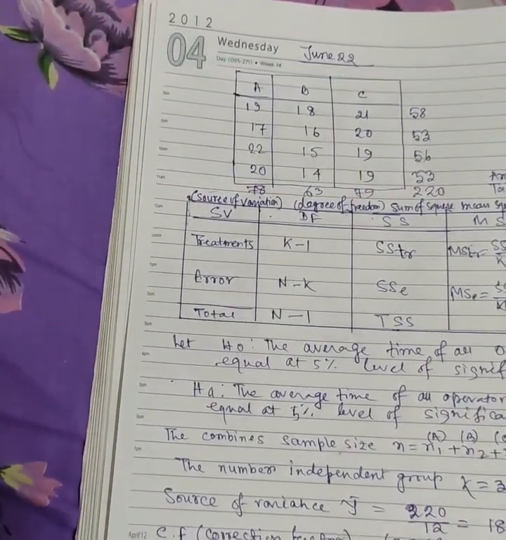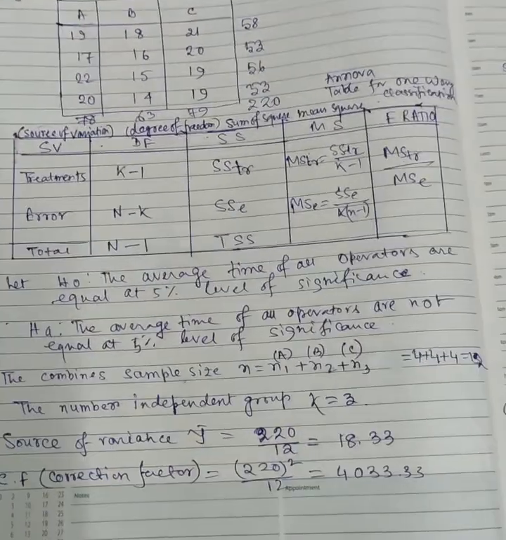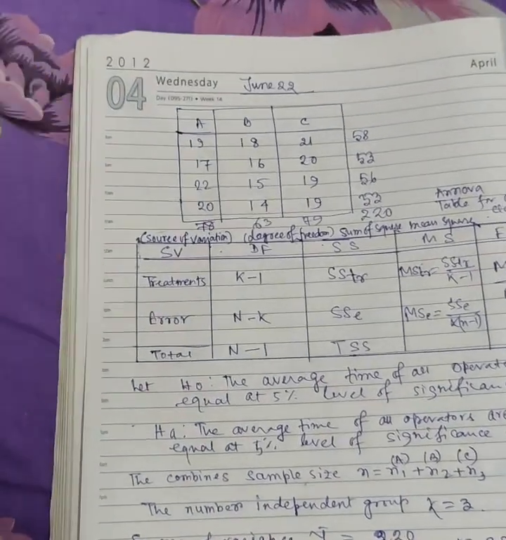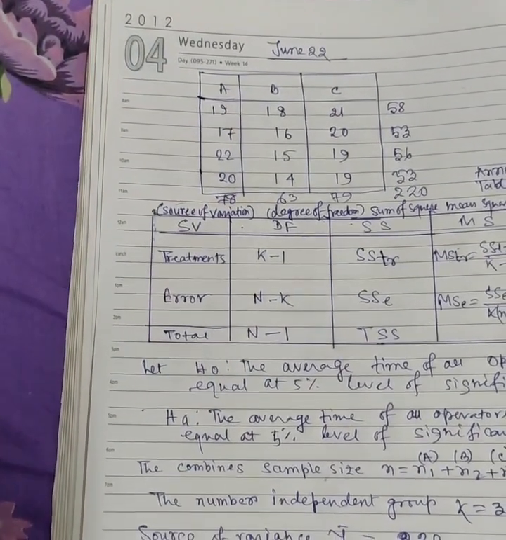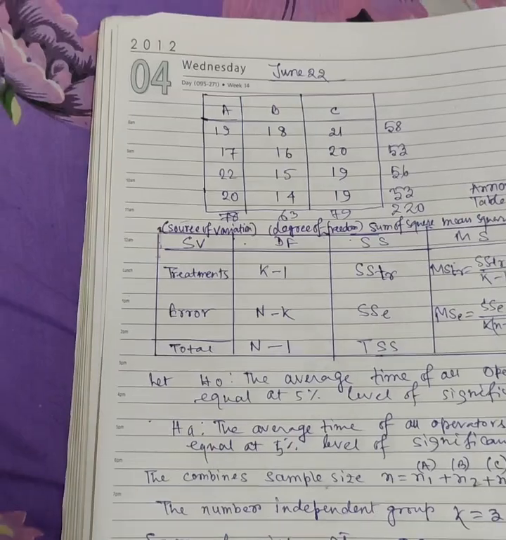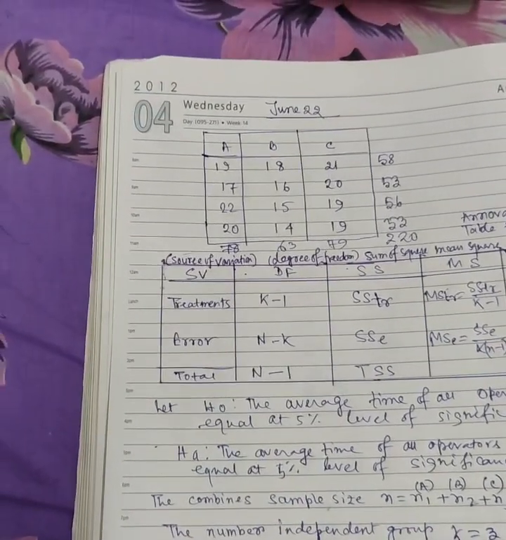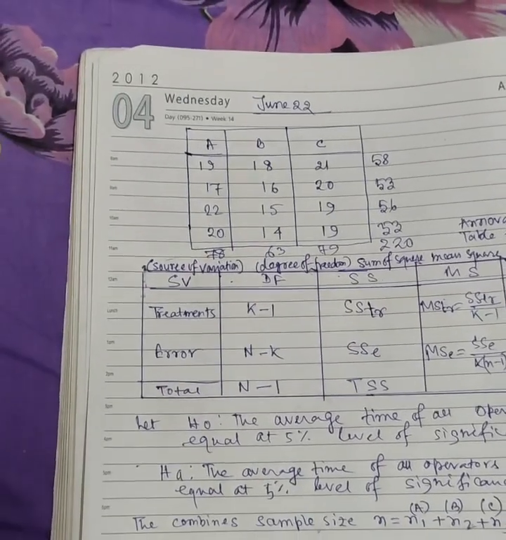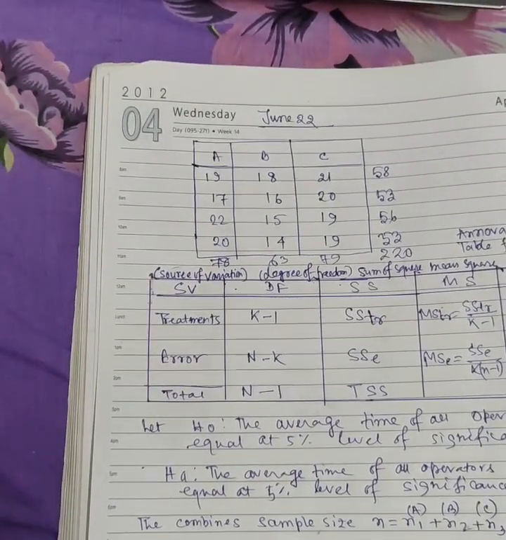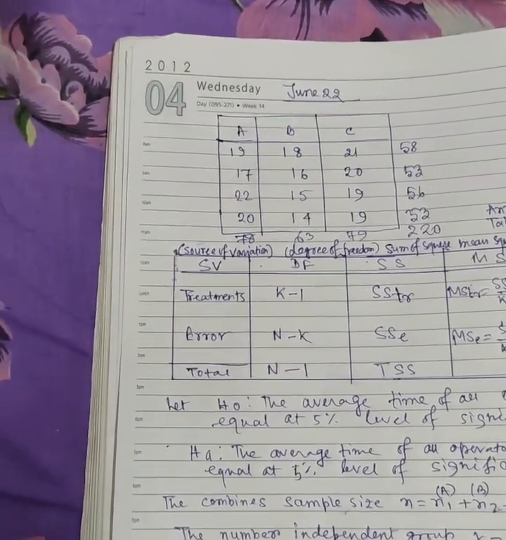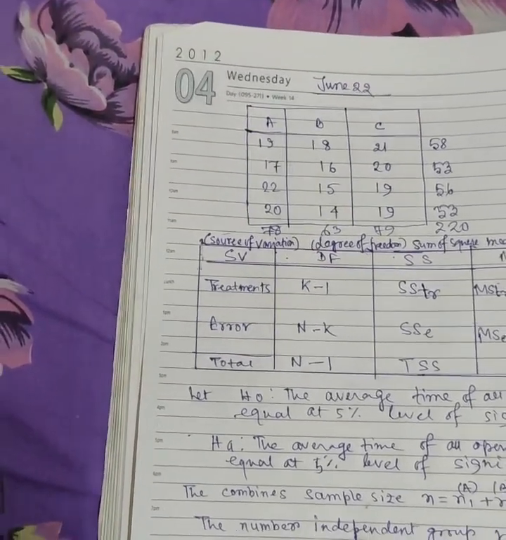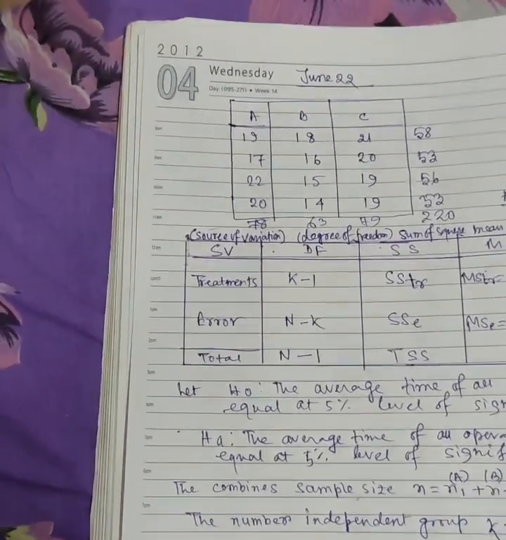But before going to the ANOVA test, we first want to have knowledge about the variance. ANOVA is basically analysis of variance.